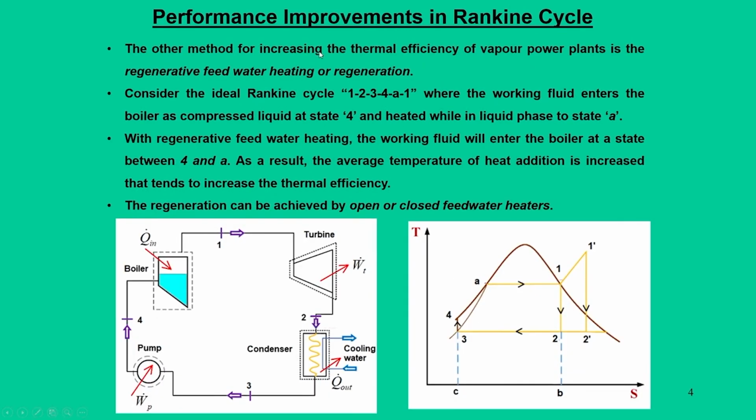The other method of increasing the thermal efficiency of a vapor plant is regenerative feed water heating, or regeneration. We will revisit this thermal circuit diagram subsequently, but through regeneration, if you consider the ideal cycle 1, 2, 3, 4, A and 1, or either 1 dash, 2 dash, 2, 3, 4, A and 1 dash, in any of the cases, in the regenerative system we take some fluid out during the expansion process.